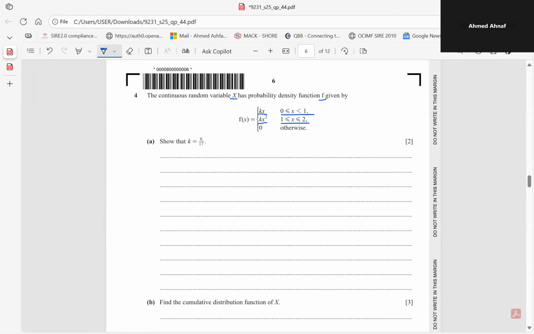First part, we have to show that k is equal to 6 over 17.